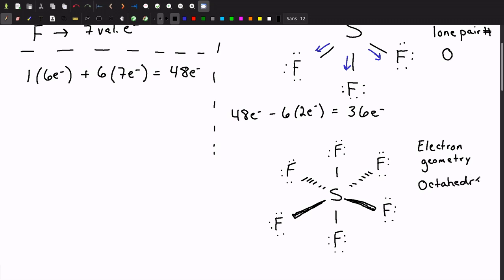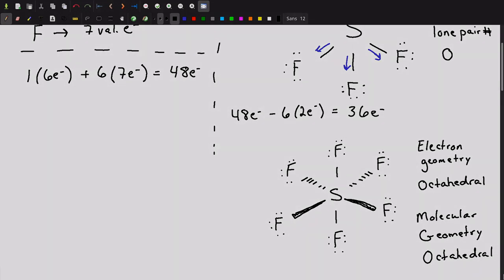And again, anytime we have no lone pairs on the central atom, the molecular geometry is going to be the same as the electron geometry. And it's also going to be octahedral. So that's it. That's our VSEPR structure.